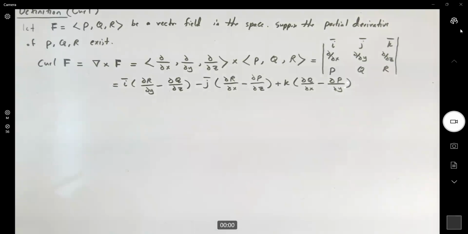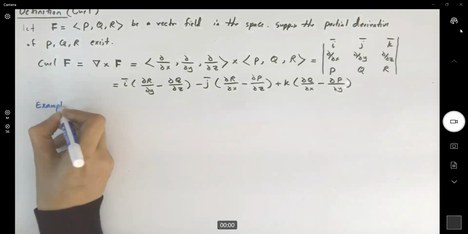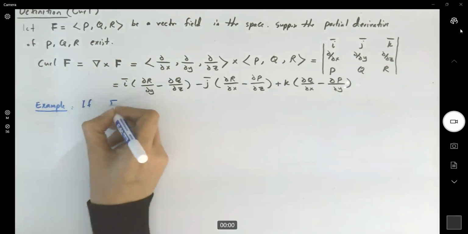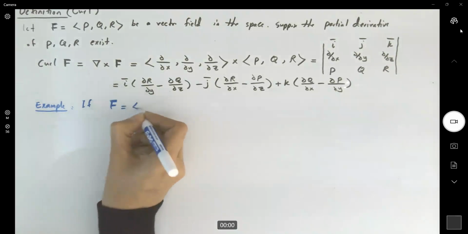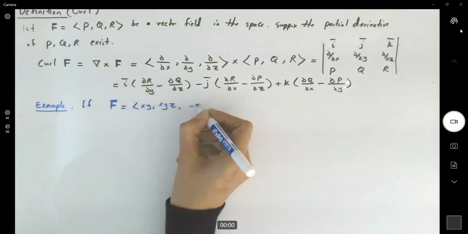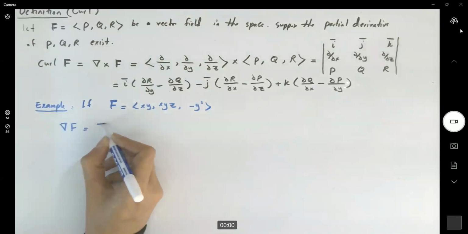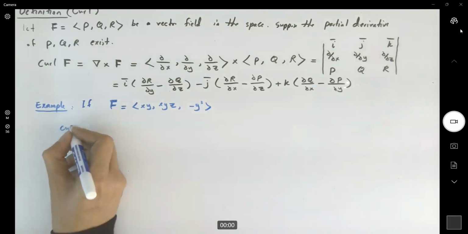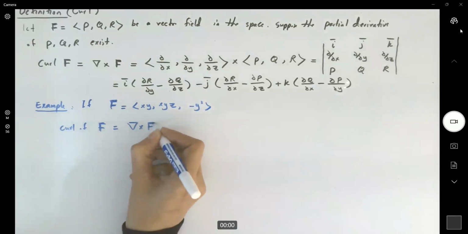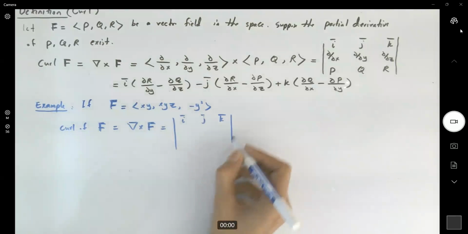For example, suppose we have a vector field and I ask you to find the curl. Later on, you're going to see why we are using the curl. If vector field F is defined as xy, xyz, and negative y squared, then the curl of F is equal to nabla cross F, which is just following the determinant.